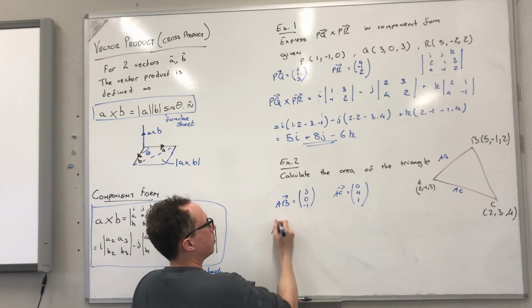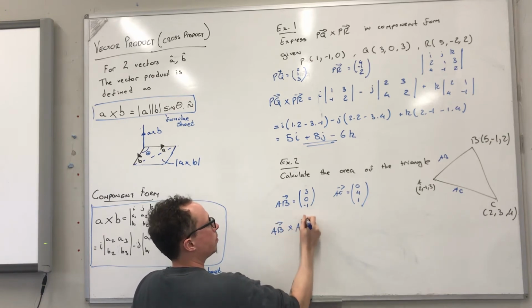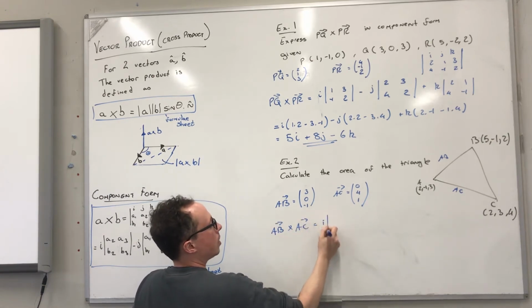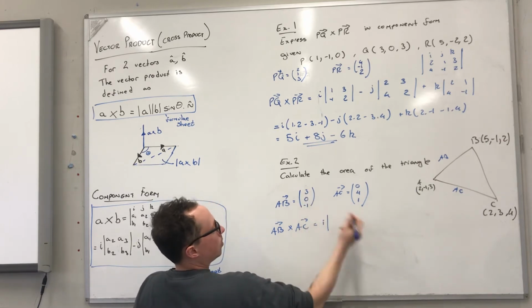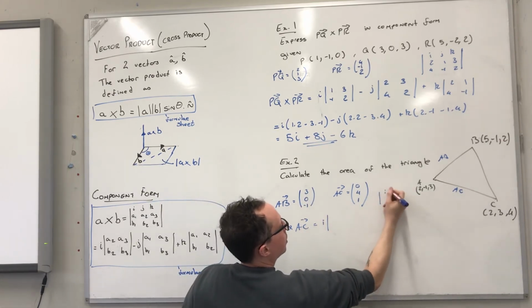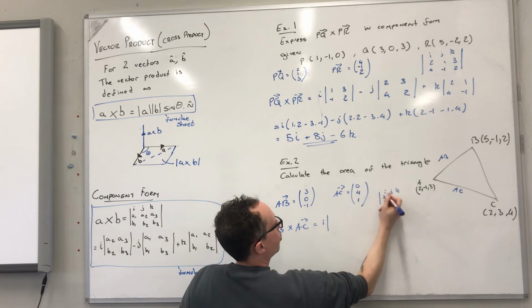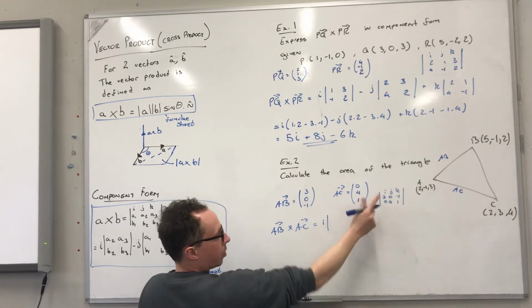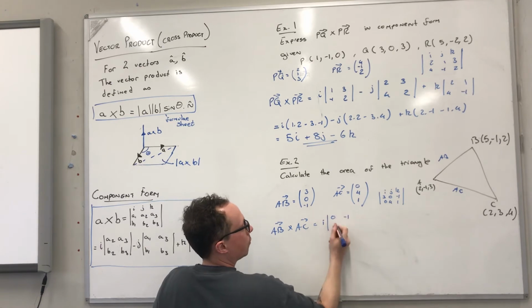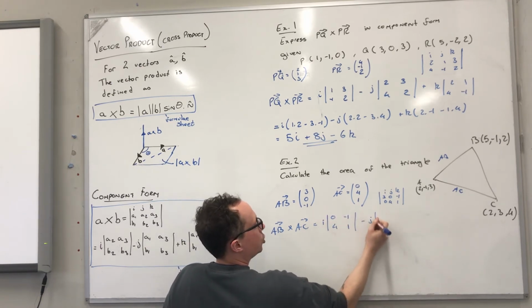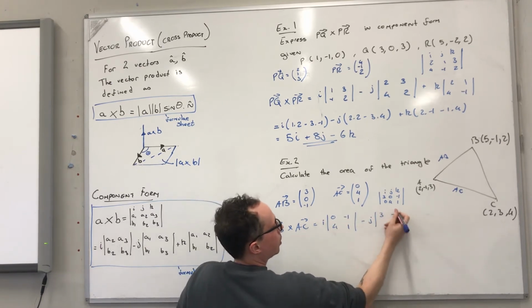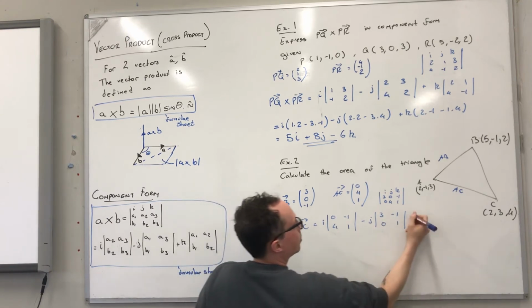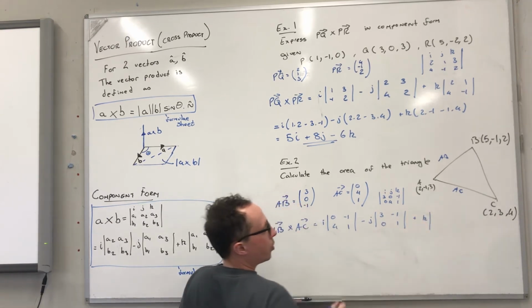And now let's find AB cross AC, which is going to be i, j, k, 3, 0, negative 1, 0, 4, 1, giving us i times (0, negative 1, 4, 1), minus j times (3, negative 1, 0, 1), plus k times (3, 0, 0, 4).